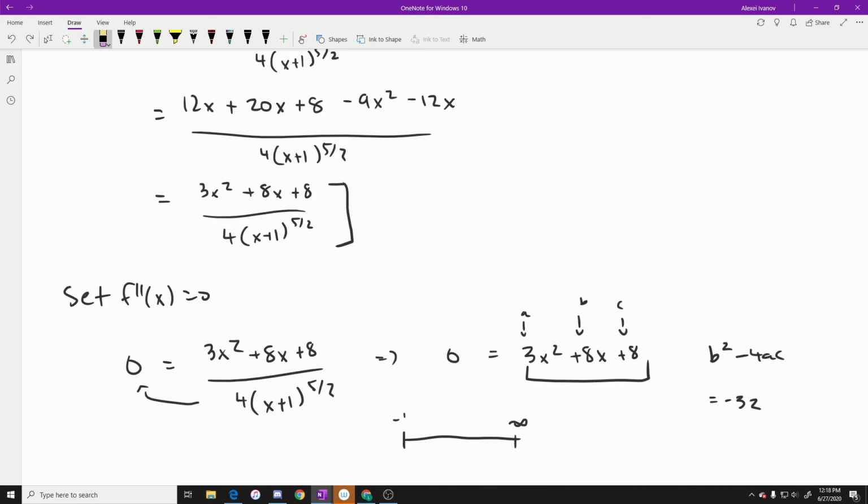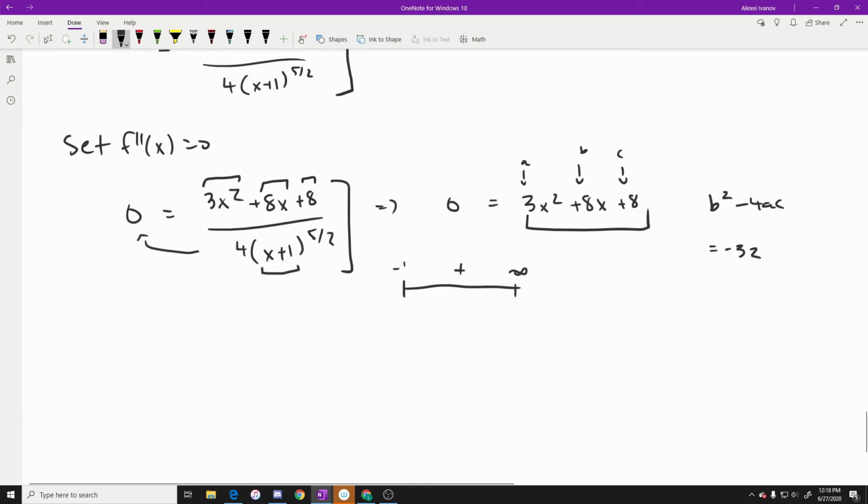So if we were to take 0 and plug it into our function right here, we are going to get a positive value, because this term right here would be 0, this term right here would be 0, this would be a positive term, and then the bottom would be a positive term as well. So we're going to get a positive second derivative on this entire interval, meaning that we're going to be concave up on the entire interval of the function.